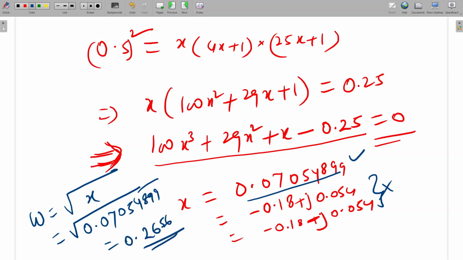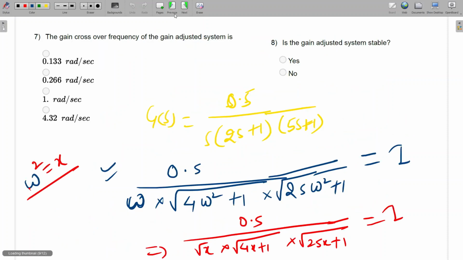So this is the gain crossover frequency omega of the adjusted system. Is it clear to all? So this will be the correct option. Is it clear?